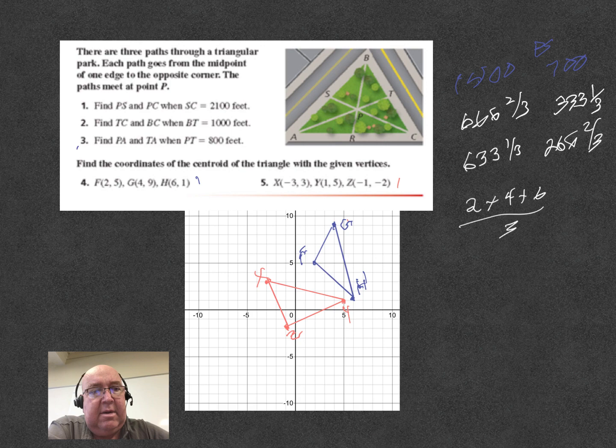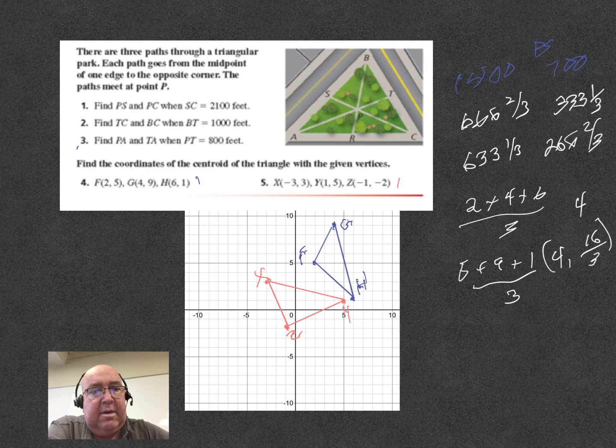And we're going to do the same with the y values, 5 plus 9 plus 1, and divide that by 3. We get 12 divided by 3, so our x value is going to be 4, and 15/3, so the centroid would be located at the point 4 and 16/3, which is about 5 1/3 on the y value.